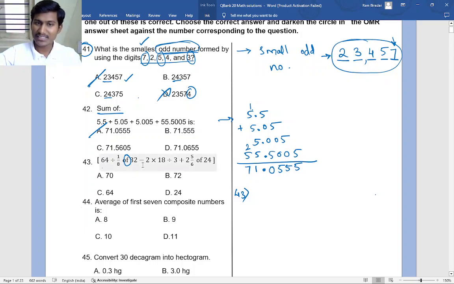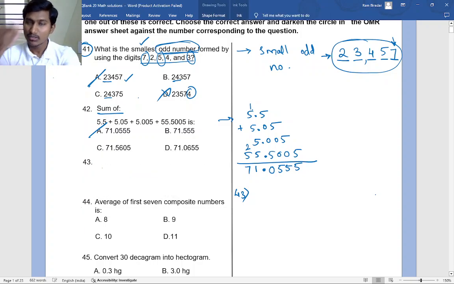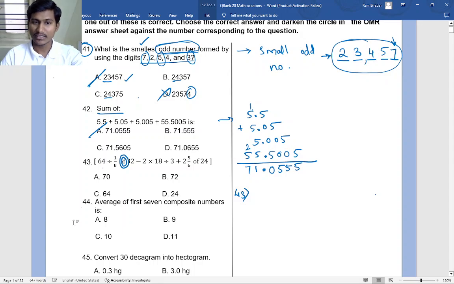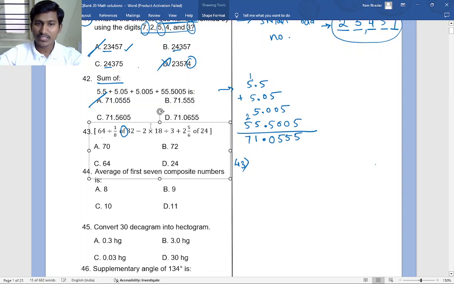The minuses and pluses separate the terms, so these are different terms. You can apply the BODMAS rule. You don't have to write down all the things. As much as possible, try to do these types of questions just below the question only, right? Let me show you how. Okay, so this is what? 'Of'. This is 'of' here.